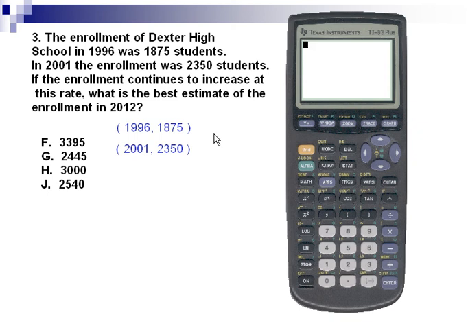Now we can go and input this into STAT. So hit STAT, Edit. If you have anything in your list, clear that out. In list 1 will go our X values, which in this case represents our years, 1996 and 2001.